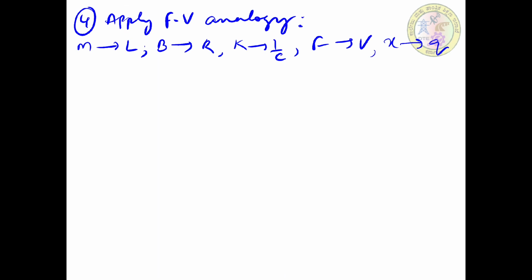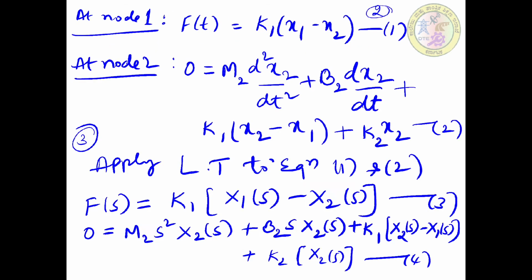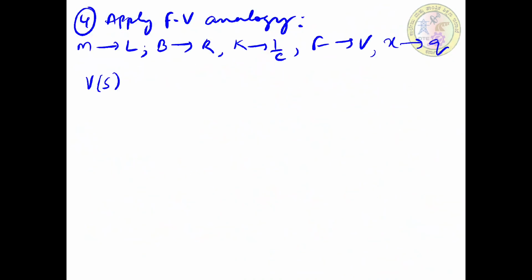Mass should be replaced by L, B should be replaced by R, spring should be replaced by 1/C, F should be replaced by voltage. Similarly, X should be replaced by Q, and later on we will change that Q to I in the equations. So by applying the analogy, we are rewriting equations 3 and 4 now.